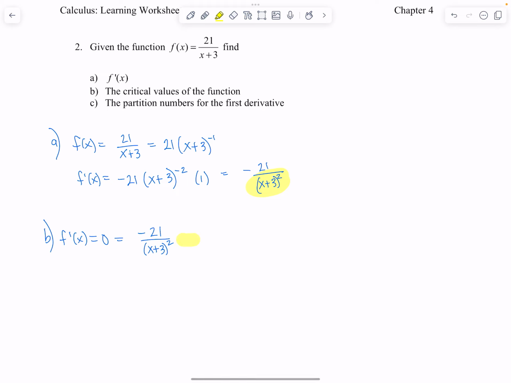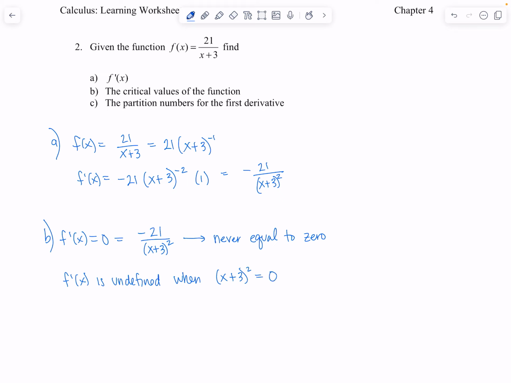So this tells us it's never equal to 0. But we know that f prime is undefined when the denominator equals 0.